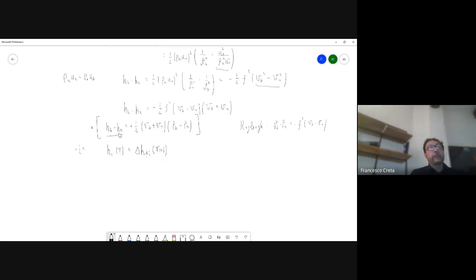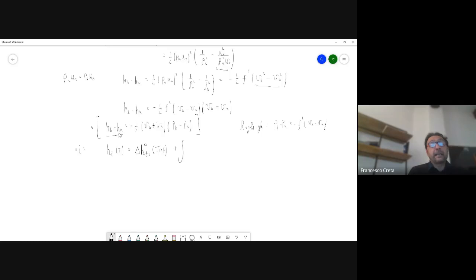I can even add here the standard state, but it's not influential, because remember, for enthalpy there is no mixing. So the standard state will be equal to the actual value.